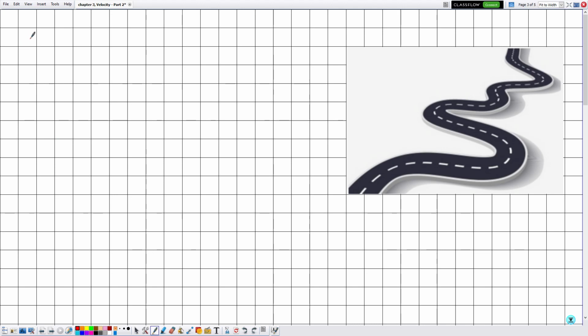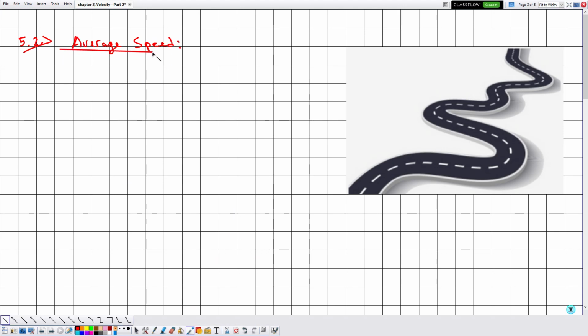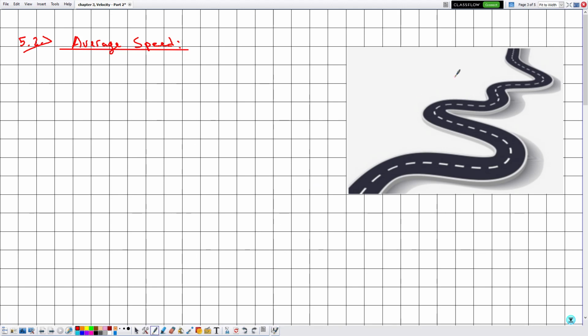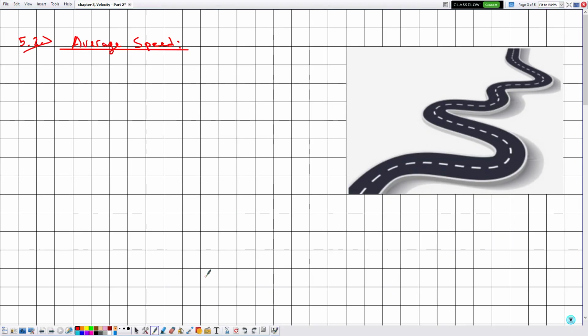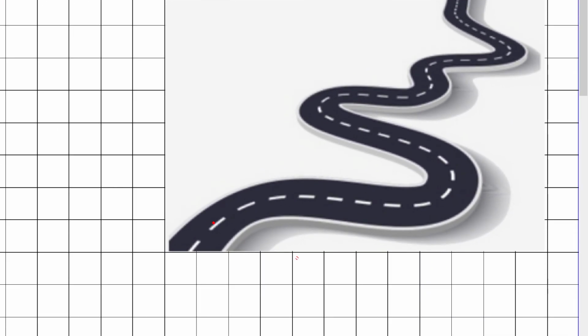Now, as for the second one, which is the average speed. Consider the following adjacent document. We have a road, and suppose that we have an object like a car moving on this road. The speed of the car may change.